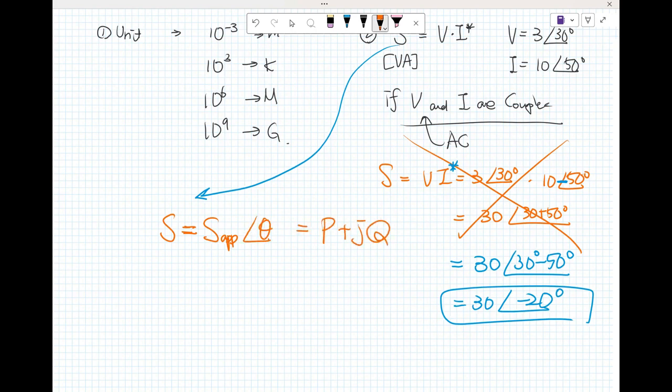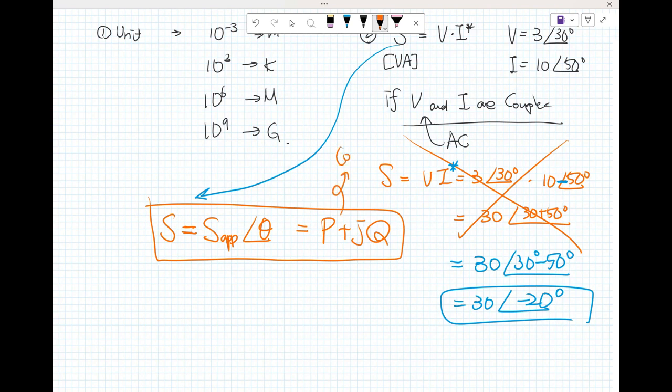Please don't miss the unit, okay? Watts, VA, VAR, that's very important. So that one is the polar form for apparent power, and the other one is the complex form, okay? That was the complex form. So P is watts and Q is VAR. So one more time, don't miss the unit, okay?